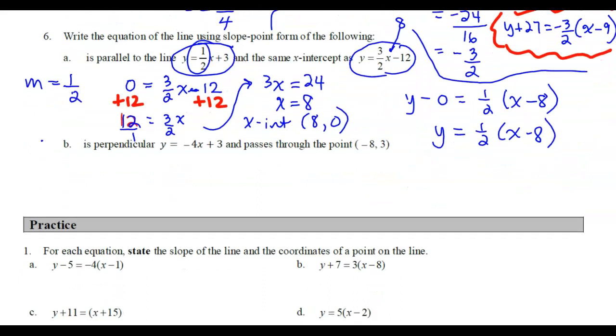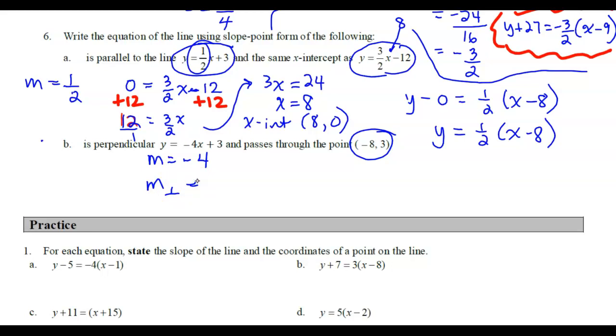Okay, and last one there, it says the equation we want to find is perpendicular to this line and passes through this point. Okay, so the slope of this line given is -4. Hands up, who can give me the perpendicular slope to -4?